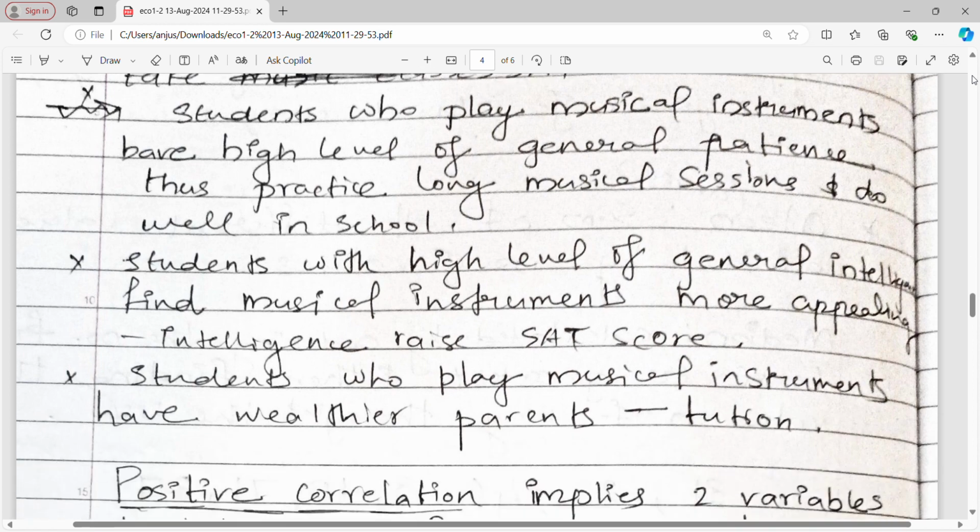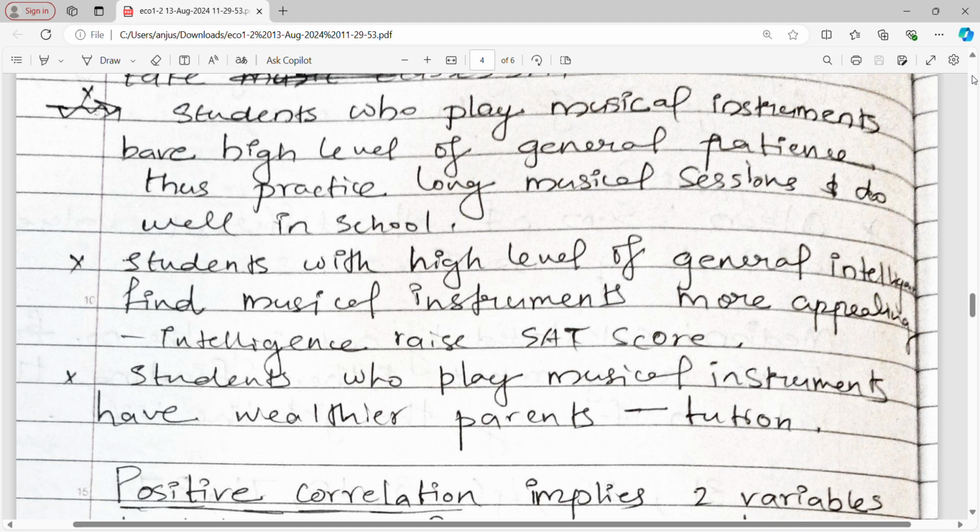So why can this happen? Why do students who attend music classes score more in SAT than the students who do not attend music classes? Three guesses, three chances. The first one, students who play musical instruments have a high level of general patience, thus practice long musical sessions and do well in class.